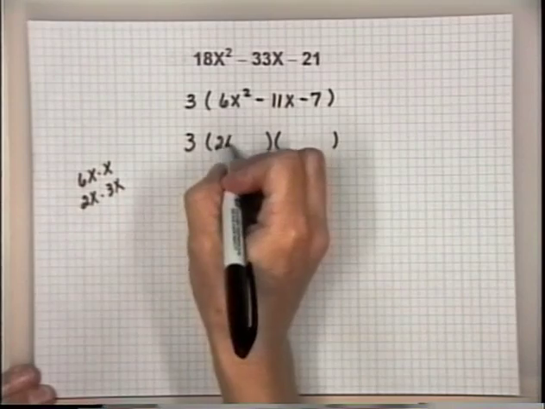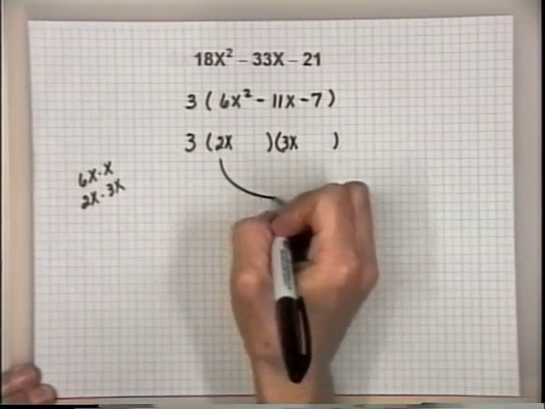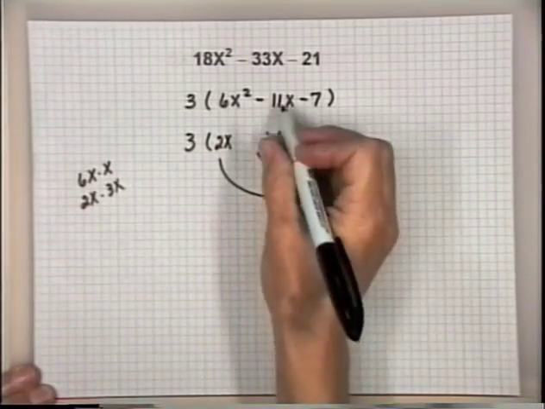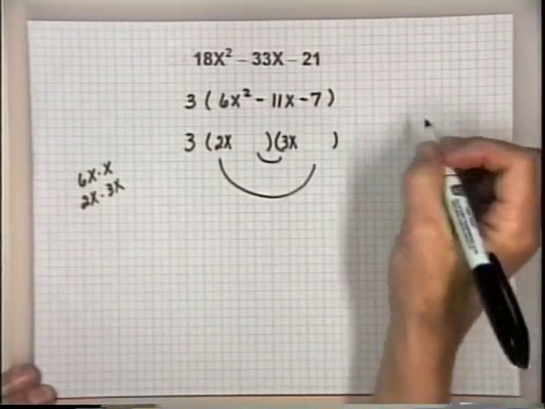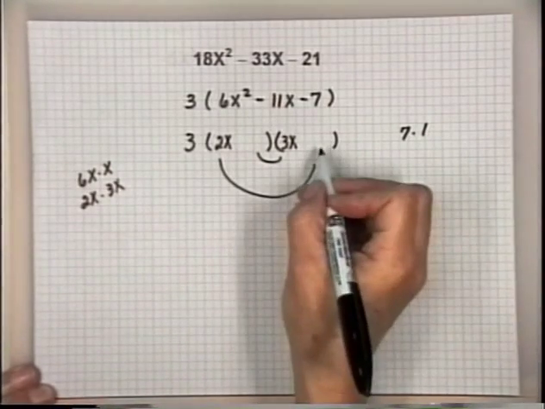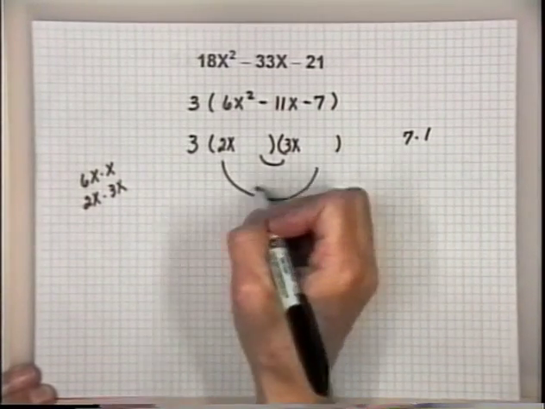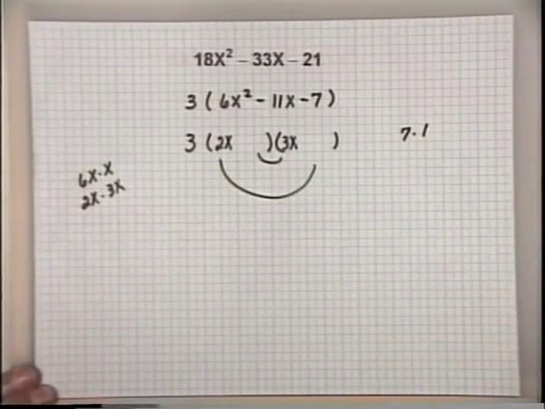Let's try these numbers 2x times 3x here. Opposite signs means the difference will be 11x. We have to try factors of 7. We only have one choice for that, 7 times 1. Let's see if we can place that to get a difference of 11. Remember that what's placed here is multiplied by 2, and whatever is placed here is multiplied by 3.